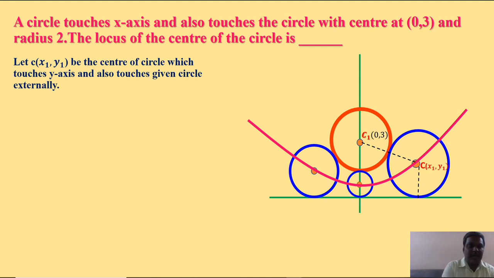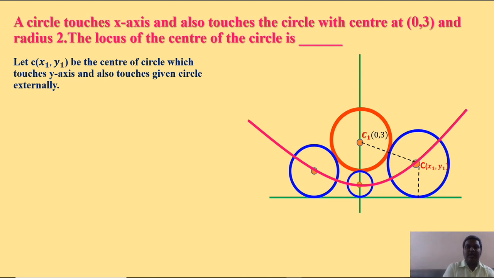Right? Now the distance from C to the x-axis is what? y1, that is the y coordinate. Right? Modulus of y1. When two circles touch each other, all of you know that the distance between the two centers is equal to the sum of their radii. C1C2 is equal to R1 plus R2.